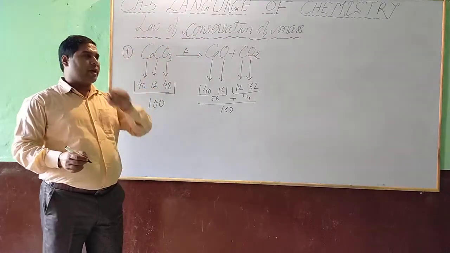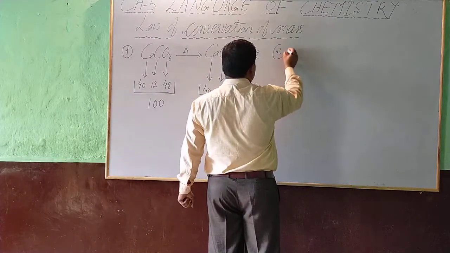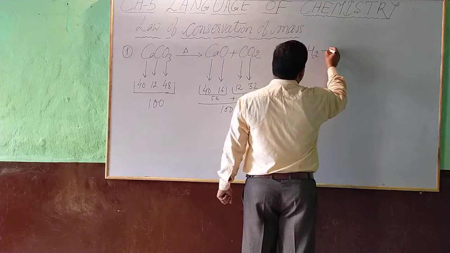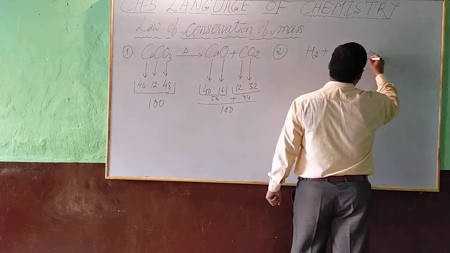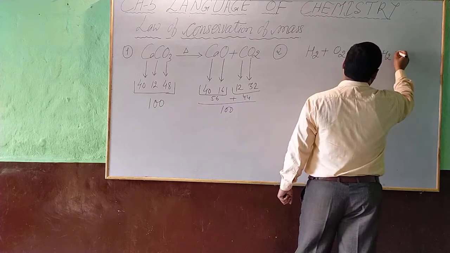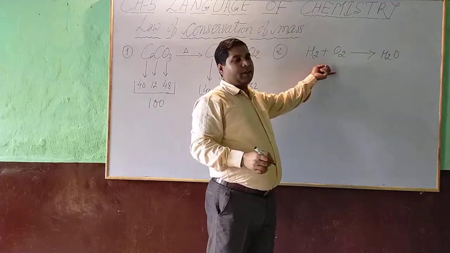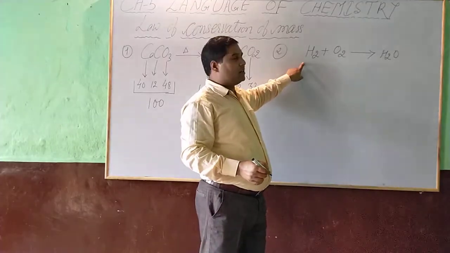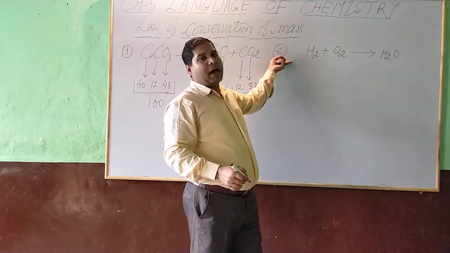Let us see one more example. Example number 2: hydrogen reacts with oxygen and forms water. Dear student, you know this chemical equation. Before we calculate the mass, we have to see whether the chemical equation is balanced or not.